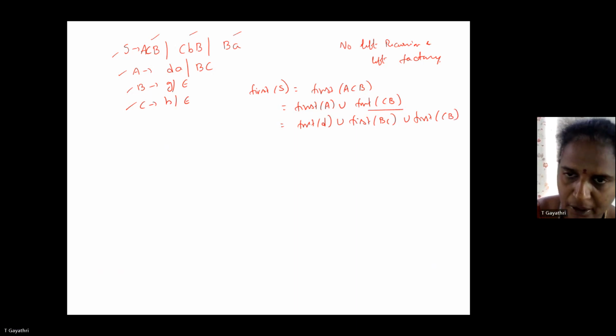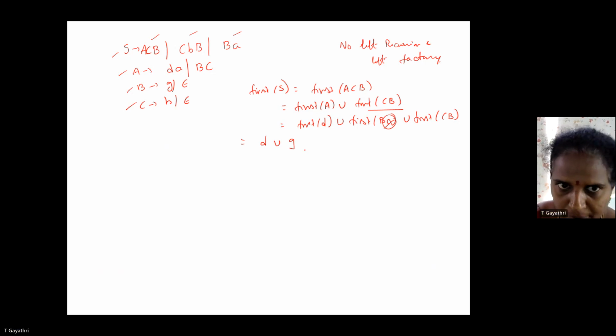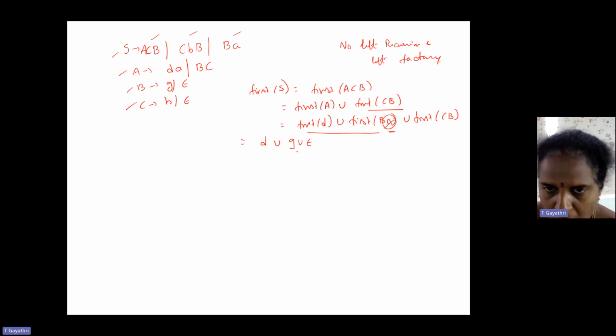First of D is D only. What is the first of B value? g or epsilon. So g, epsilon is there, so we take g only. And since we are taking the epsilon also, then we need to find out the first of C. For this, we are getting d, g, epsilon.